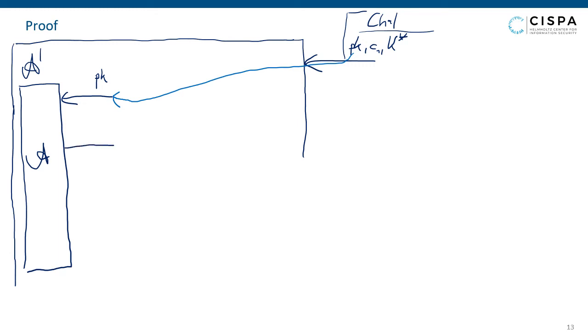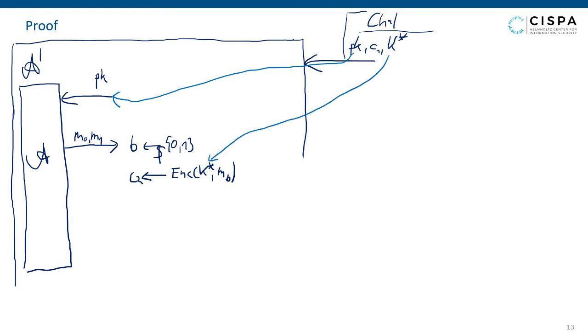Next, the adversary A outputs two messages M0, M1, whereupon A prime, still simulating the IND-CPA experiment, flips a uniformly random bit B and encrypts the message MB using key k asterisk, where of course k asterisk comes from its own input.